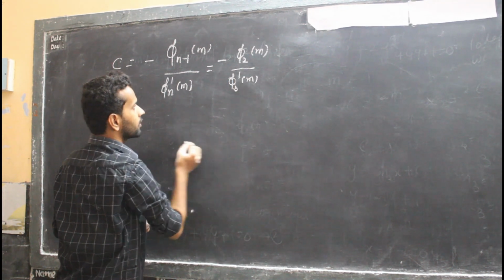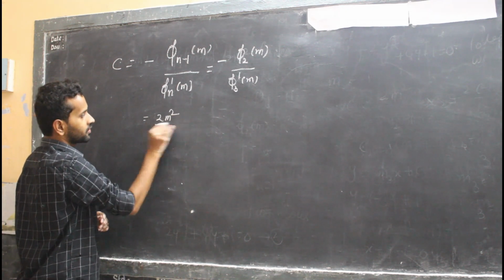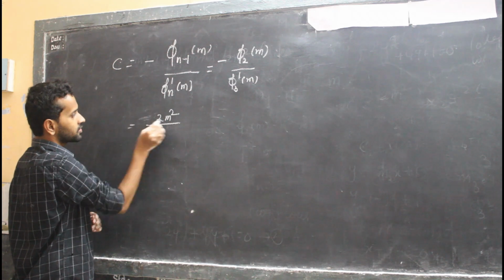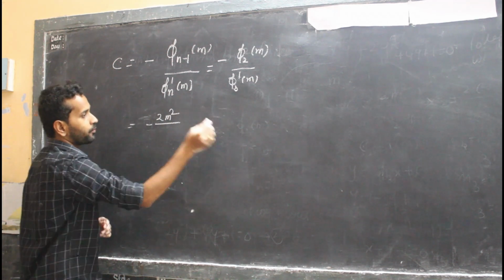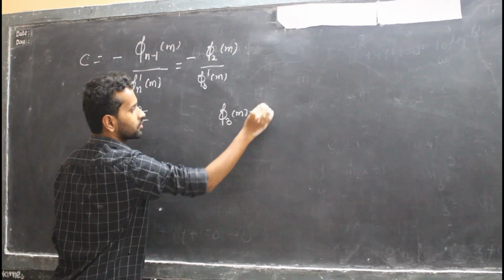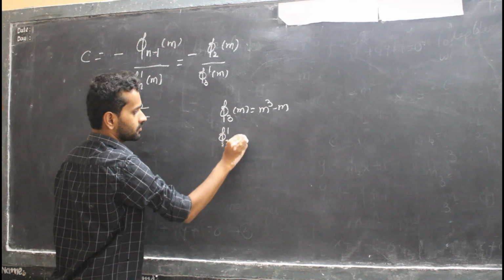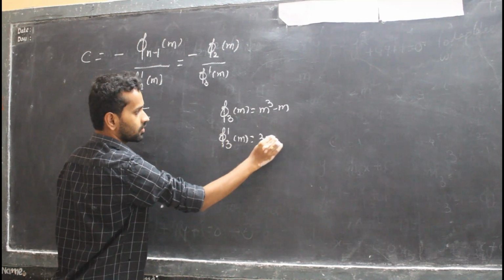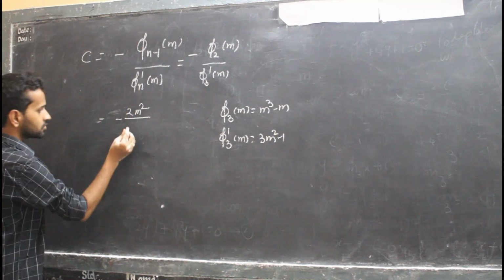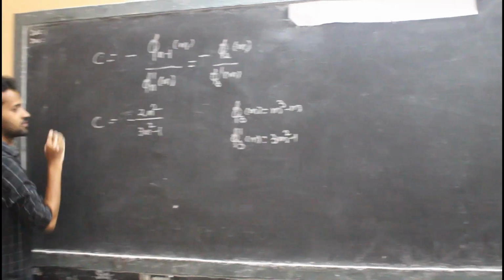Phi 2 of m is 2m square, and phi 3 of m is m cube minus m. So phi 3 dash of m equals the differentiation of this, 3m square minus 1. Now this is the c.